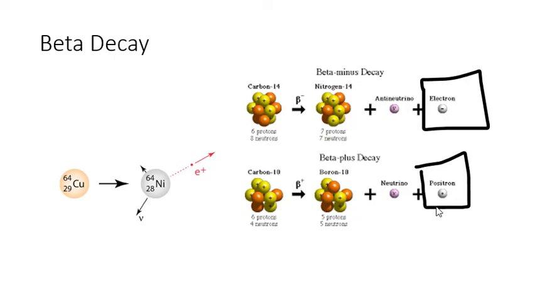So let's say we have carbon. I'm going to write it better so we can see it. So it's 6C14, carbon 14, and let's say that carbon 14 goes through beta minus decay. Well, which means, first of all, we have this electron. An electron essentially has no mass, right?